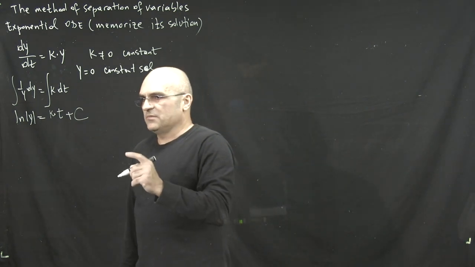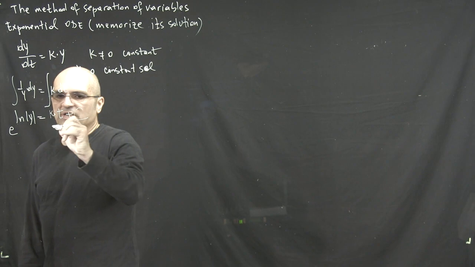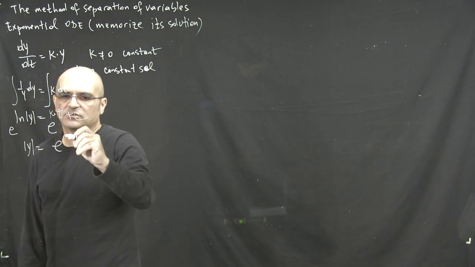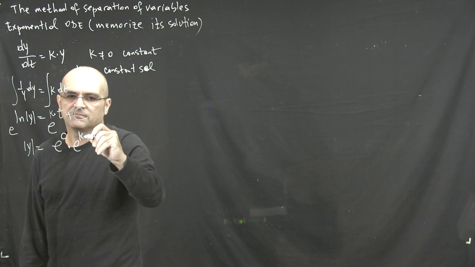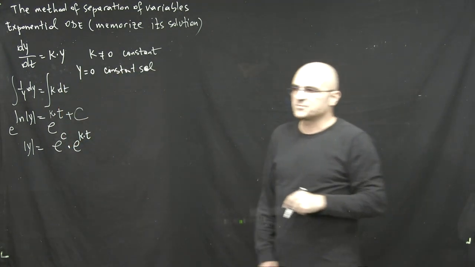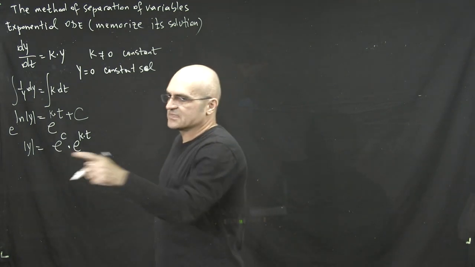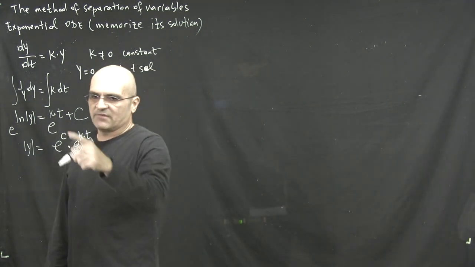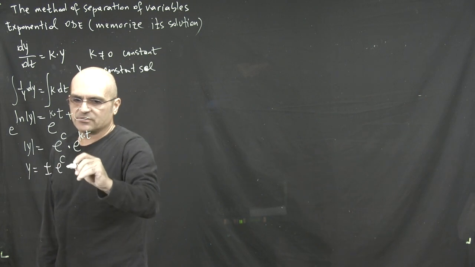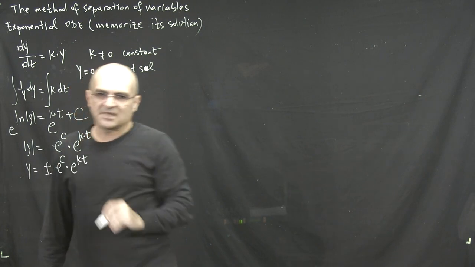Now, remember the shortcut we did before, right? If we exponentiate both sides, now the absolute value of y becomes e to the c times e to the kt, right? So plus c comes out to the exponent. We can separate it as a product, and then we have e to the c here. And then when we get y by itself, by eliminating the absolute values, we get plus minus e to the c.